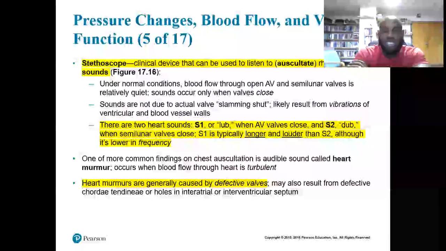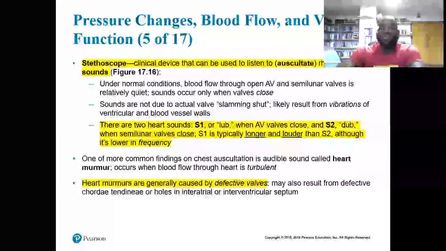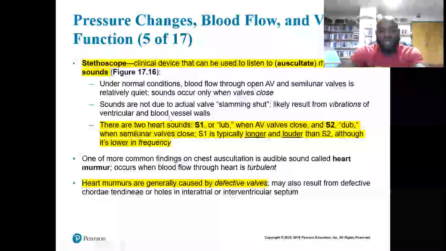So under normal conditions, blood flow through the AV and semilunar valves is relatively quiet. The sound occurs when the valves close. They're actually not due to the slamming shut, but result from vibrations of ventricular and blood vessel walls, right? So there are two heart sounds. This is what we need to know.